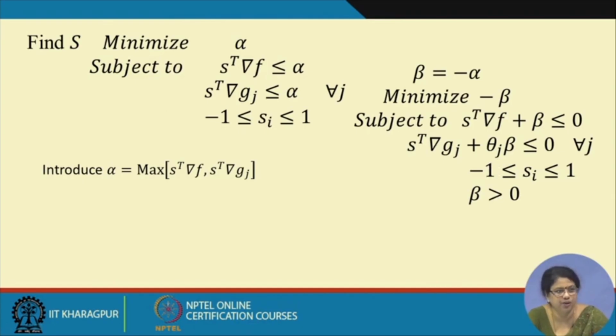Okay? That is why the original problem, we had the original problem, minimization of f(x) subject to g(x) less than or equal to 0. Now, it is becoming a problem of this kind: minimization of minus beta, subject to S transpose delta f plus beta less than or equal to 0, S transpose delta gj plus theta j beta less than or equal to 0.